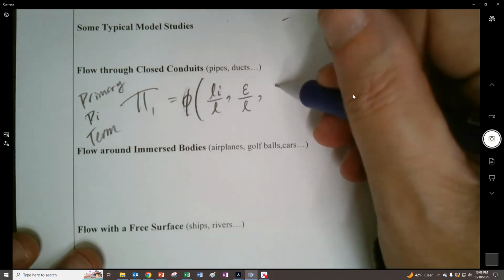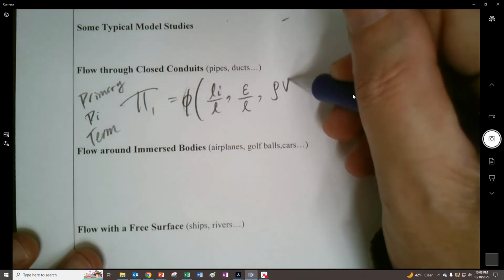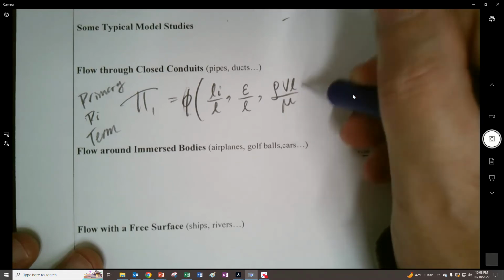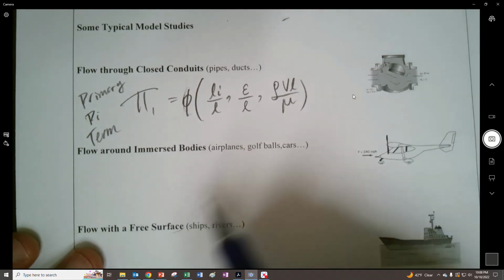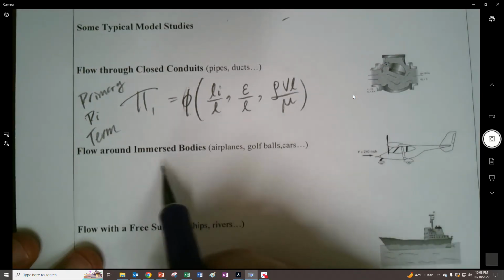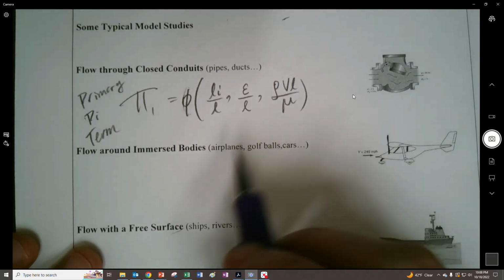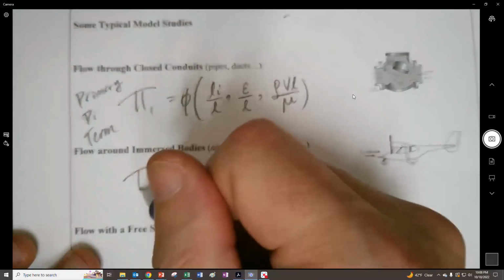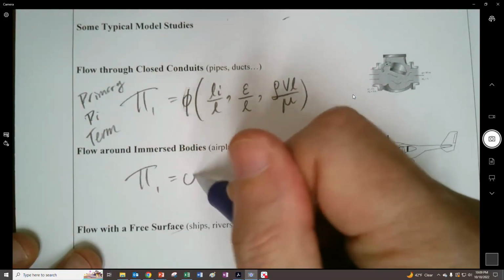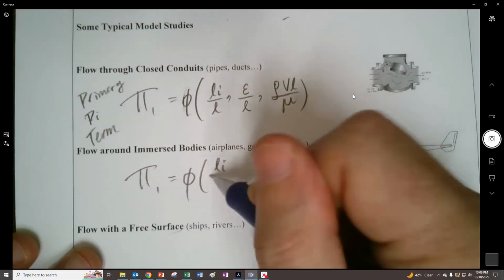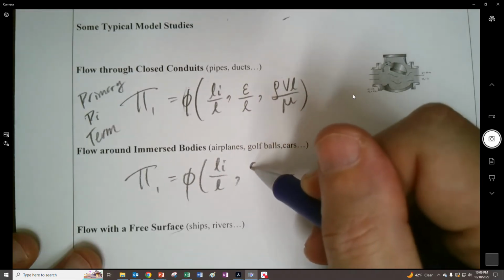And then Reynolds number also shows up. This also happens for immersed bodies, maybe airplanes, golf balls, cars, when we're trying to get drag or lift out of the thing. We have the same thing going on there. So I could have just put it for both of them.